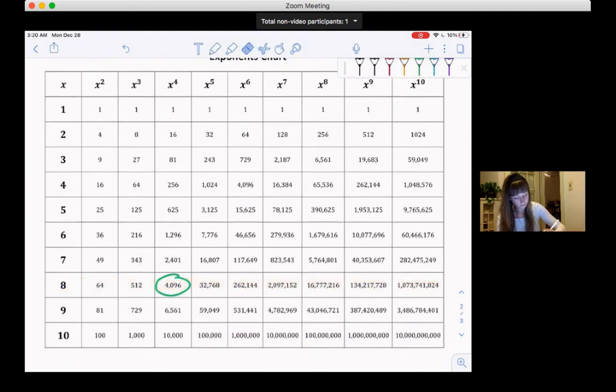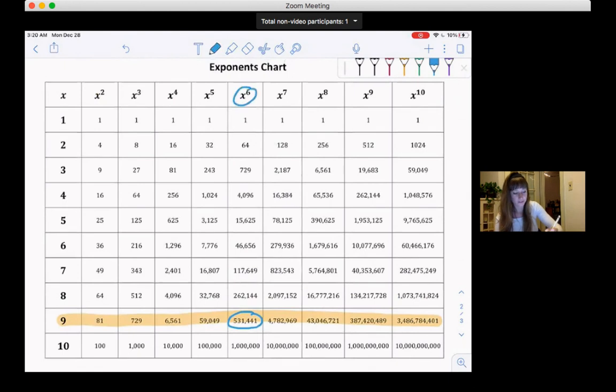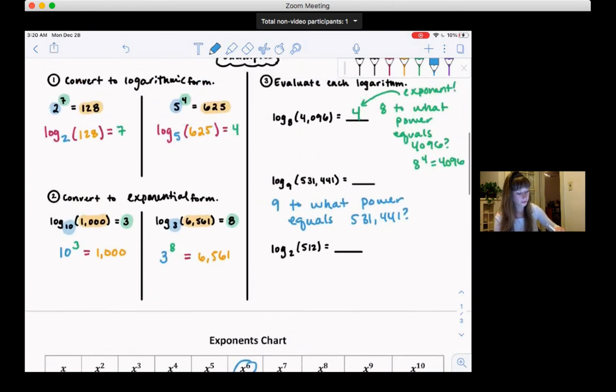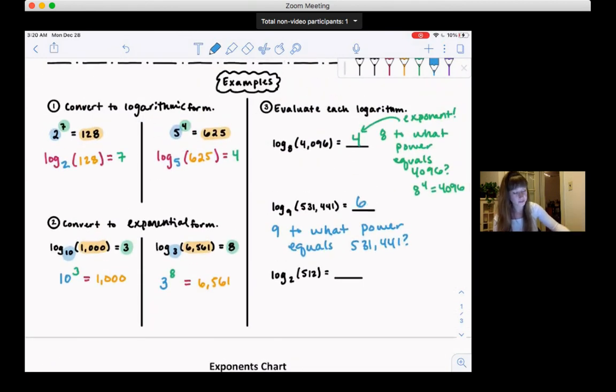Okay, let's clear off what we had. We want to find the powers of 9 now. And we were looking for 531,441, which is right here. And that is the sixth power of 9. So the answer to our question is 6, the sixth power. So that means this logarithm is equal to 6. And that's all there is to it. That's all there is to evaluating logarithms.